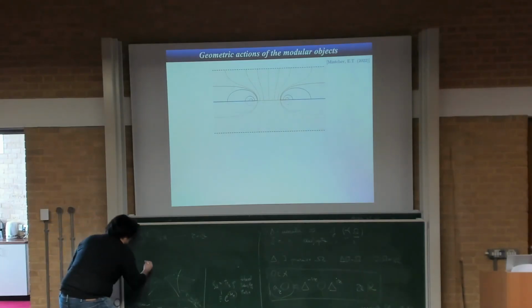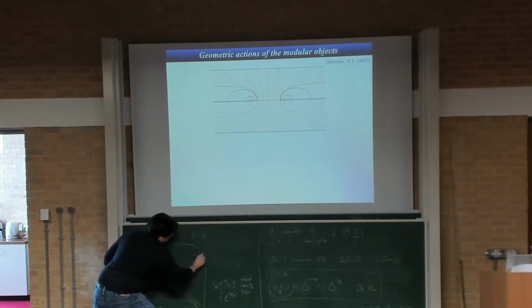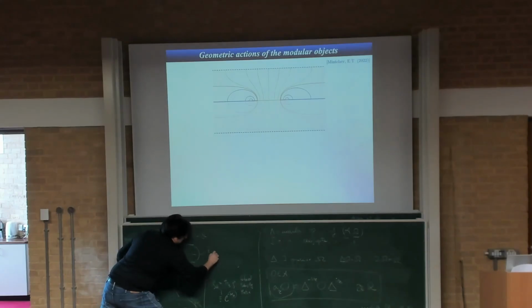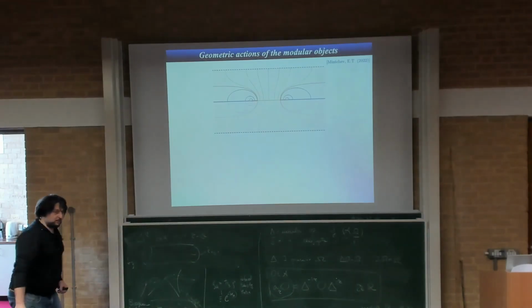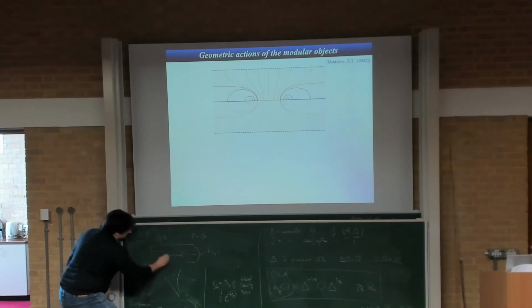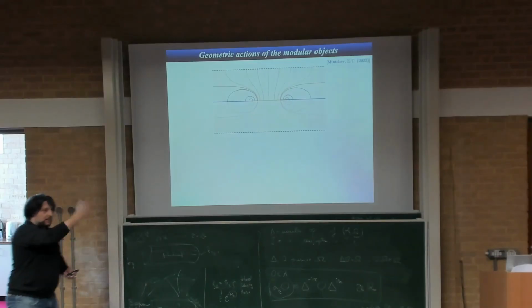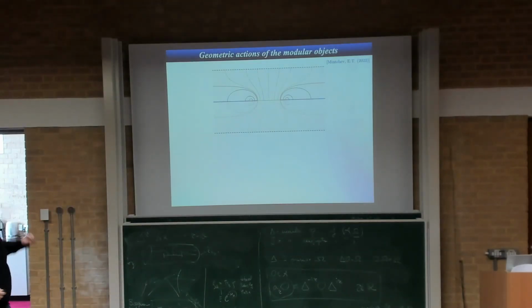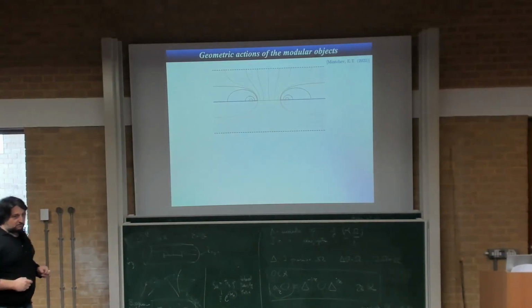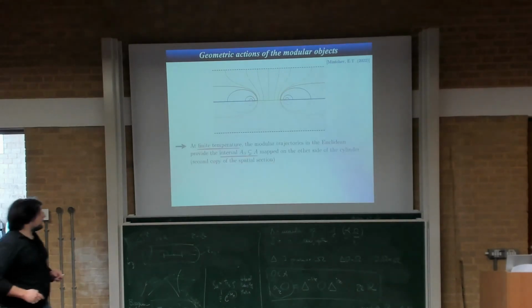So you have to think that you are in a cylinder like that. This is your T equals 0 slice in the Euclidean, and you have your interval. Sometimes you go to infinity, and then what happens here, you go behind in the second copy, because this yellow line captures the entire line here.